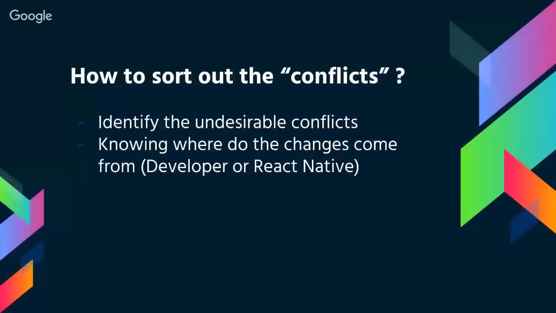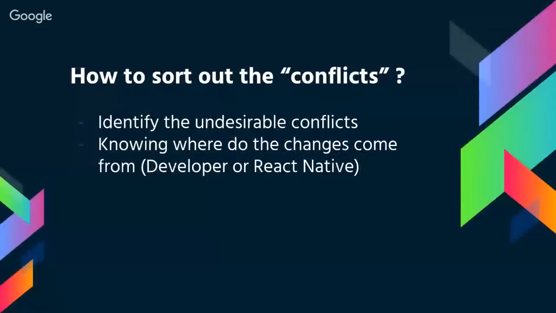And then, in case of real conflict, this one, we should be able to know immediately where the change comes from in order to resolve the conflict. We should know for each line if it comes from a change you or your team made in your project, or if it comes from the new version of React Native.